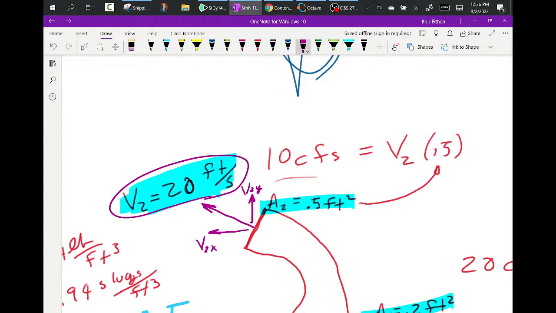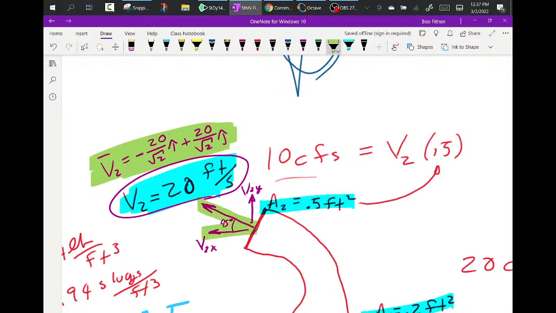So it turns out, since this is 45 degrees, doesn't look like it, then V2x is going to be, let me write it this way, let me go up to the top. V2, as far as a vector goes, is minus 20 over square root of 2 i plus 20 over square root of 2 j. That is actually the vector right here drawn in vector component.